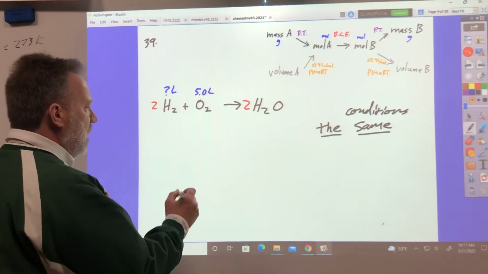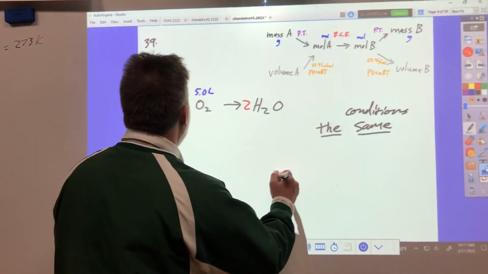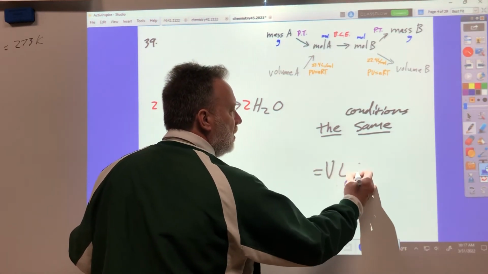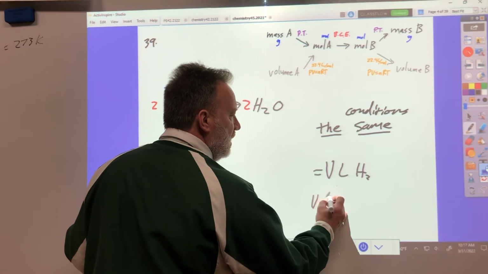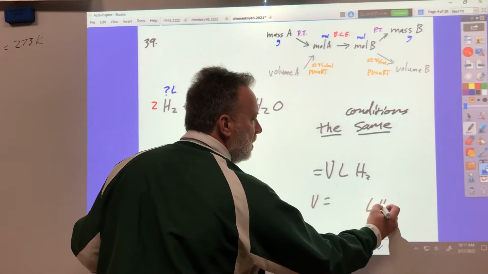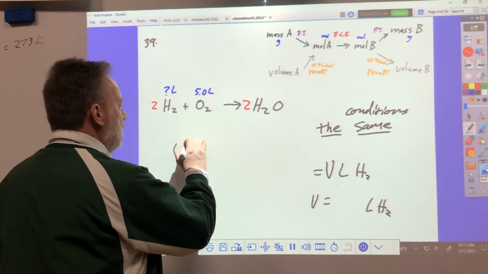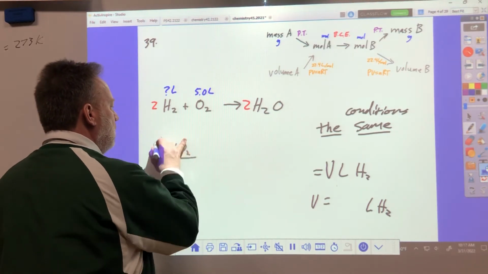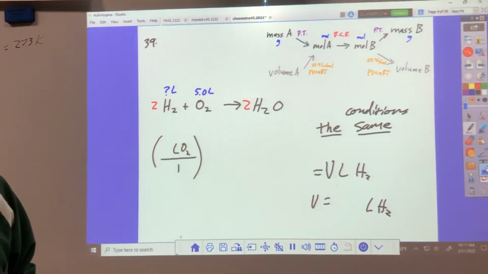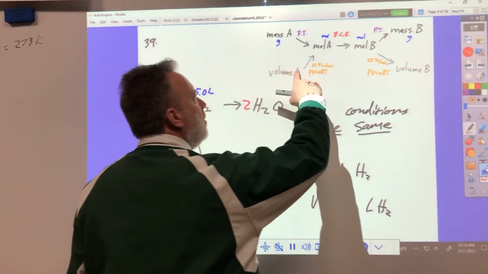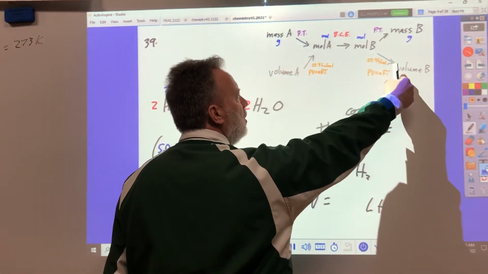Okay, so basically we're looking for liters of hydrogen equals V liters of hydrogen. V is equal to so many liters of hydrogen. And I'm starting with 5 liters of oxygen over 1. And I'm going volume to moles to moles to volume.